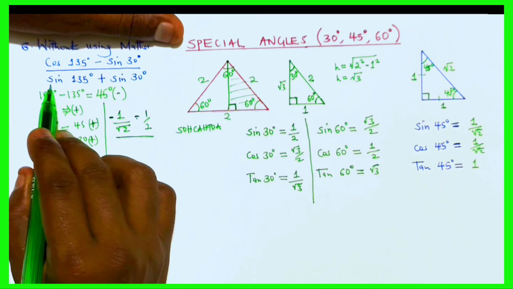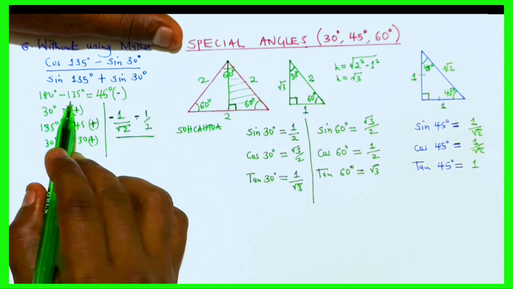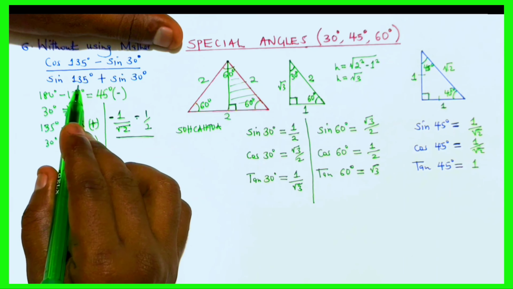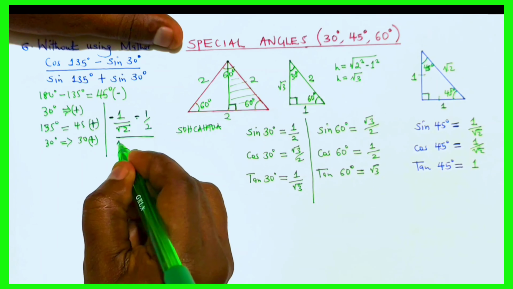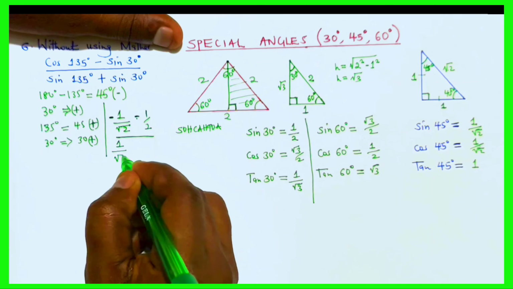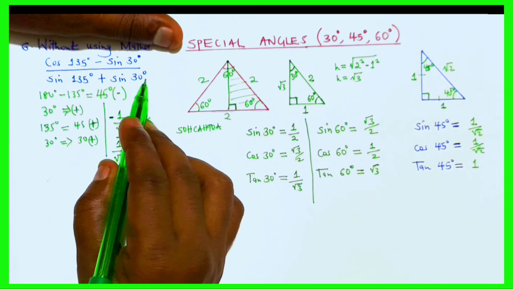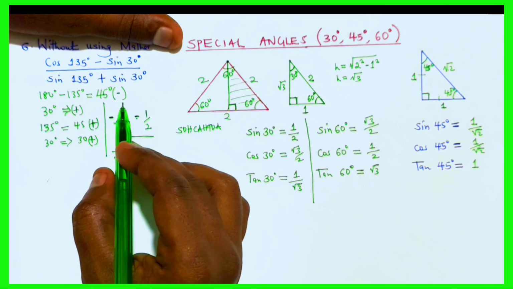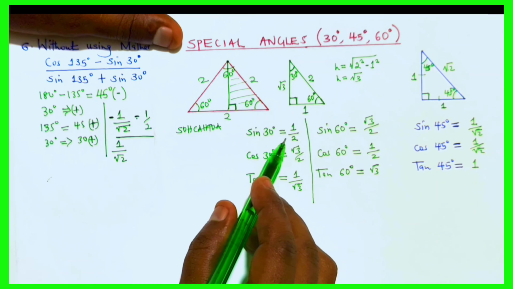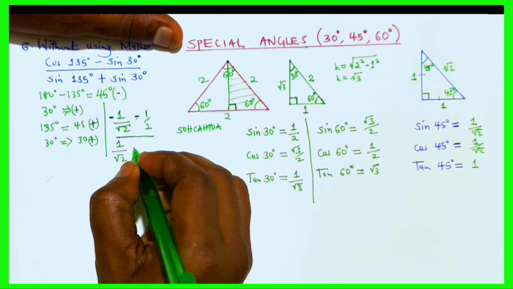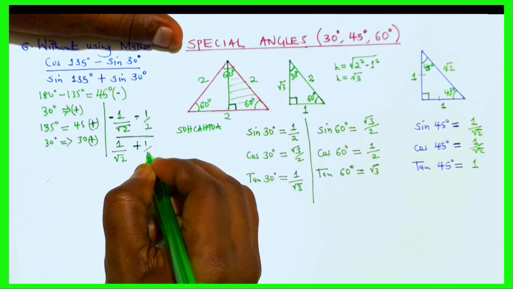So this other one now will be positive, because now the sign is positive in the second quadrant as I've captured here. So we end up having 1 divided by root 2, and then sine 30 degrees here will simply be positive. So the sine of 30 degrees is 1 over 2. So I'll have here plus 1 over 2.